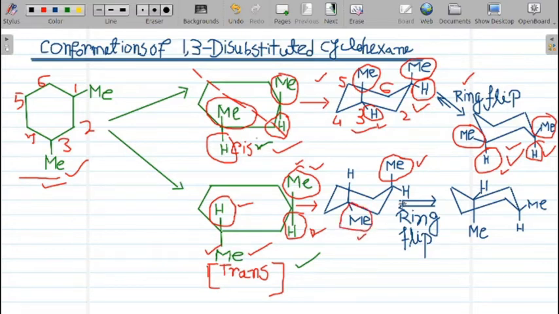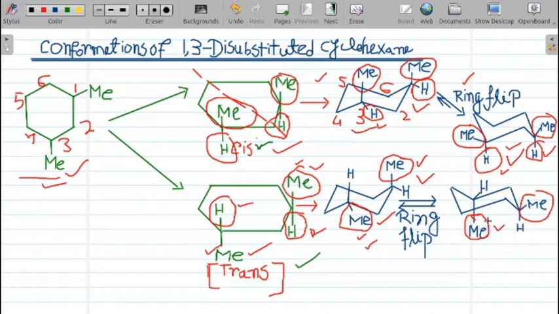So if we ring flip this chair conformation, then the same configuration will be present, because when the ring flip occurs, this methyl group will go to the equatorial position and this methyl group will go to the axial position.